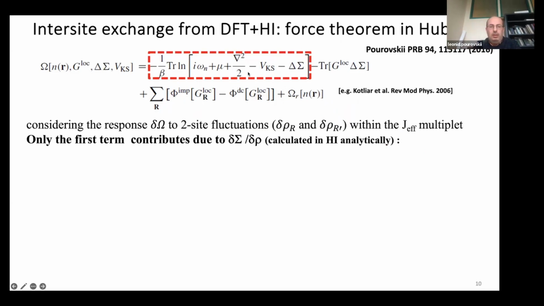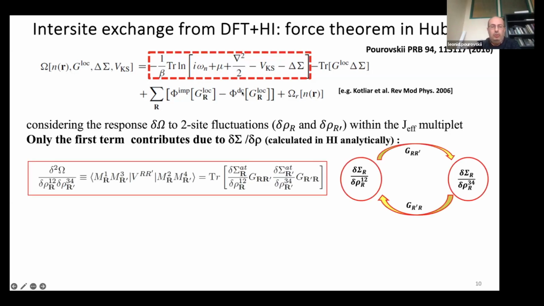Then we calculate the response due to this, and this can be shown to result in a formula for the matrix element of the effective Hamiltonian connecting two shells in a certain ground state atomic configuration.